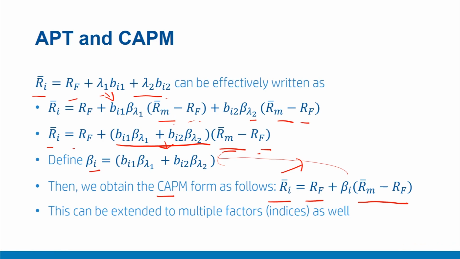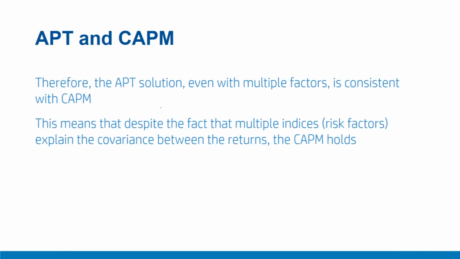Based on this, we can say that the APT solution to the return generating process, even with multiple factors, is consistent with CAPM. So even if we assume that CAPM holds, it is not inconsistent with multiple indices as well.